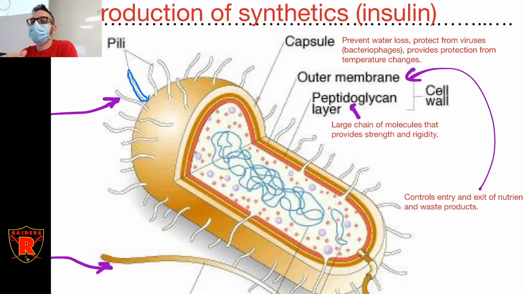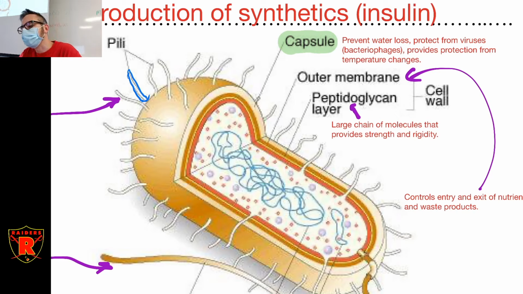And lastly, most bacteria have a capsule around the outside. The capsule component prevents water loss. Unlike your cells, which are always bathed in this fluid, your extracellular fluid, which is continuous with your blood, that's a nice environment for a cell to be in all the time.